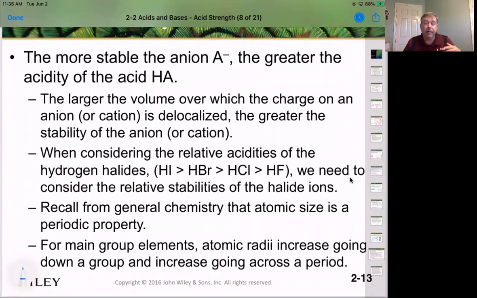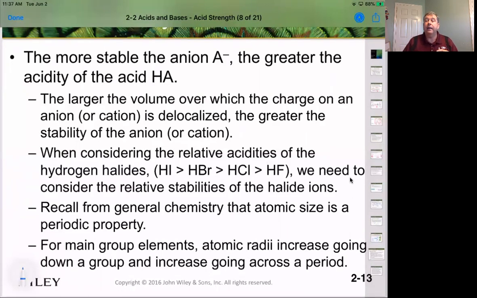Okay, so the other way we can do this is by size. Remember, fluorine is the most electronegative atom, so that's part of the rule, up and over here. But now the acidity within HF, HCl, HBr, and HI is controlled by the size of the ion.